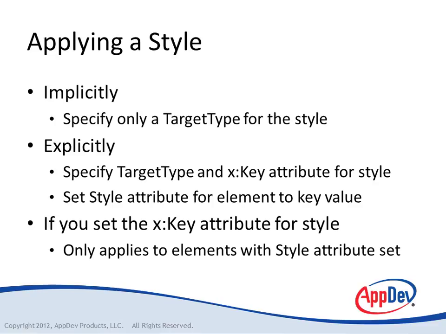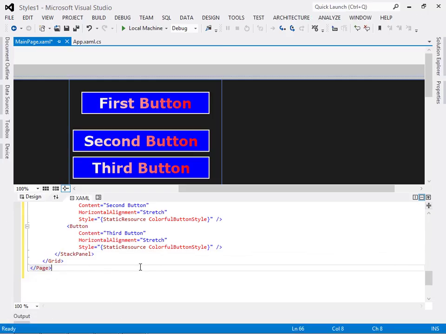Let's look at setting styles implicitly and explicitly. As I promised, we need to look first at the style attribute of each button. Although we use the properties window to set this style, you can see it creates for you a static resource reference to colorful button style. Here to resolve that reference, the XAML parser will look within the current control for that style.